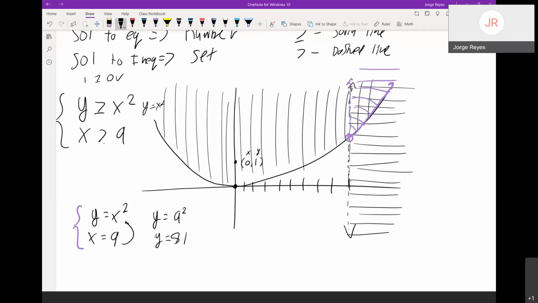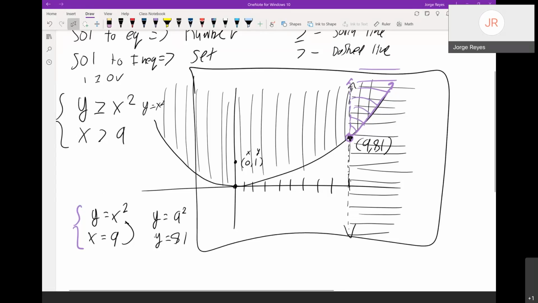So this point is 9 comma 81. And this is your answer. Literally you must draw this, label this point, and tell me this spot is the answer. So your answers are graphs, and they must be medium level accurate with correct labeling.